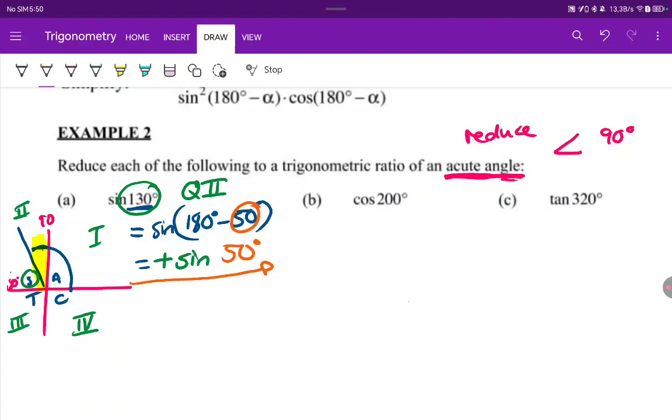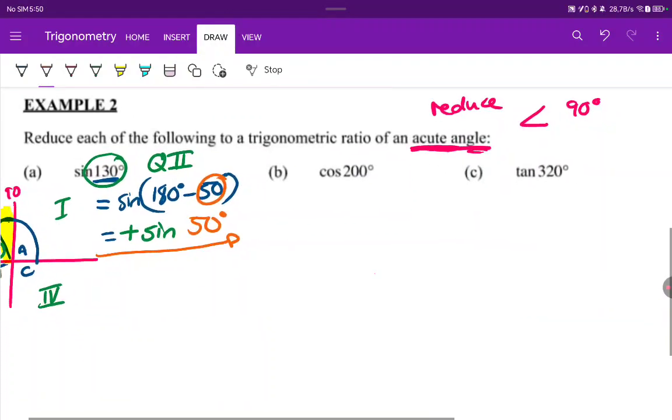You kept your sine the same, and then you changed your 130 degrees, you split it into two, 180 minus 50, and you kept the 50 as positive 50 degrees, and you kept sine as positive because it's positive in quadrant 2.